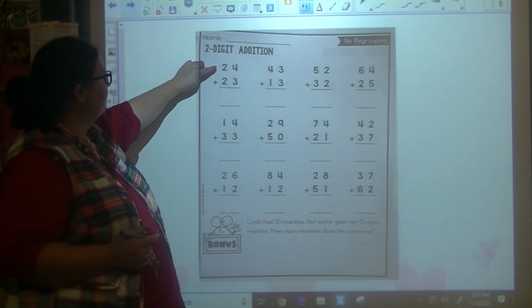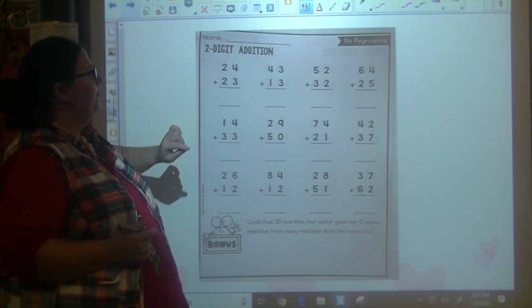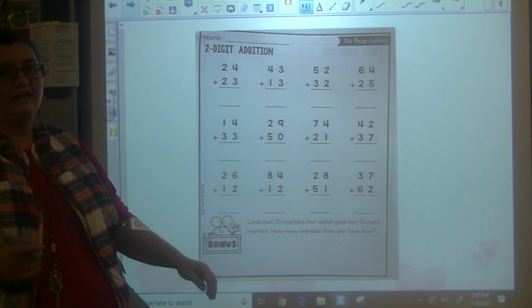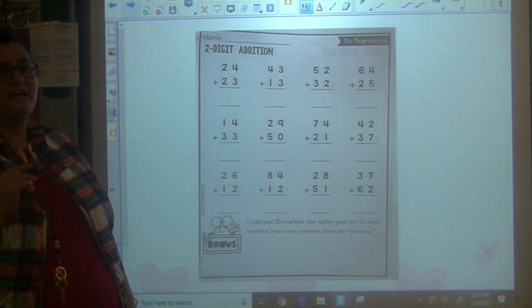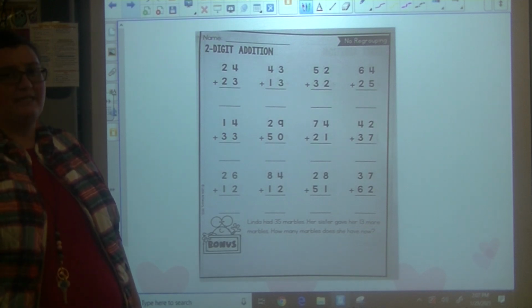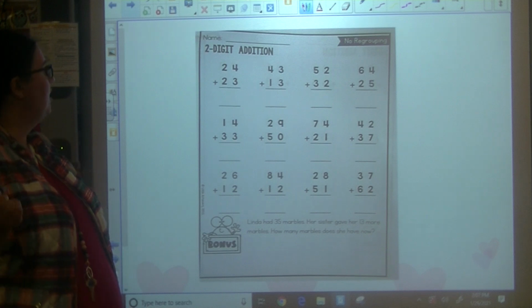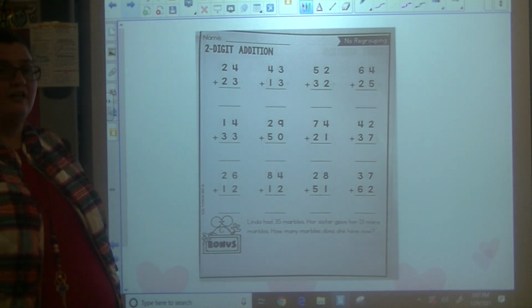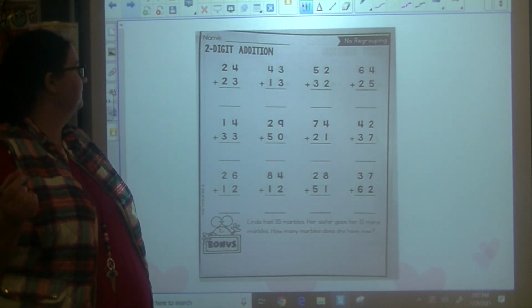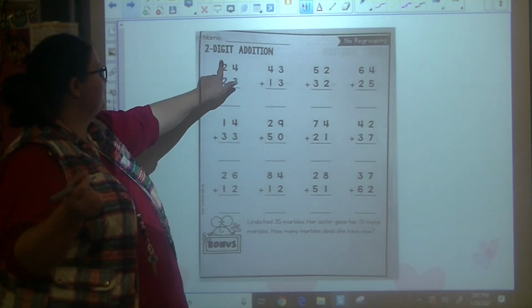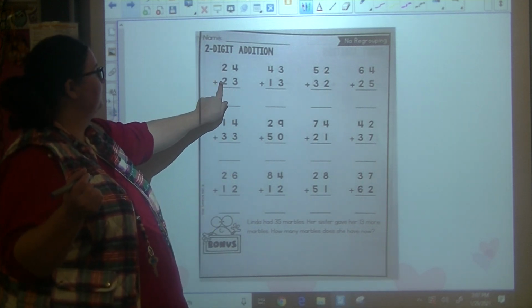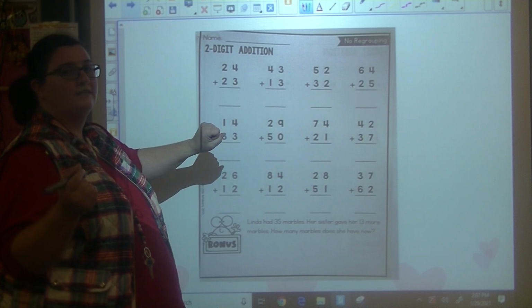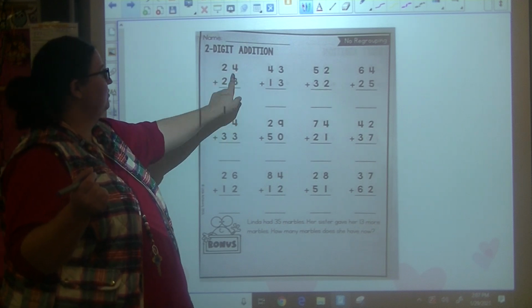So we have the numbers 24 plus 23. I'm going to make a chart to separate my tens from my ones. Point to your tens column. This is my tens column. Where are your ones? These are the ones.